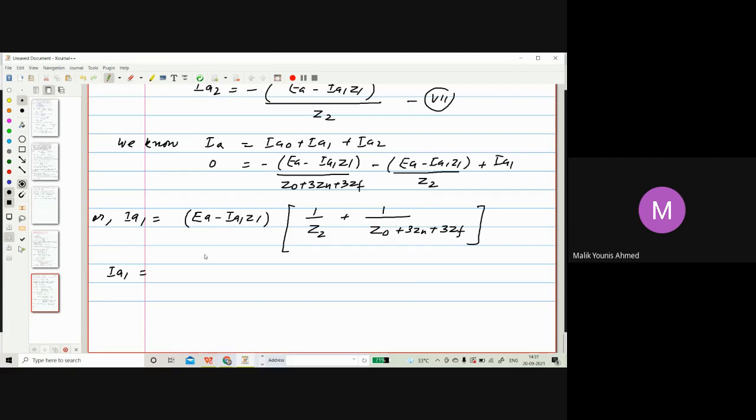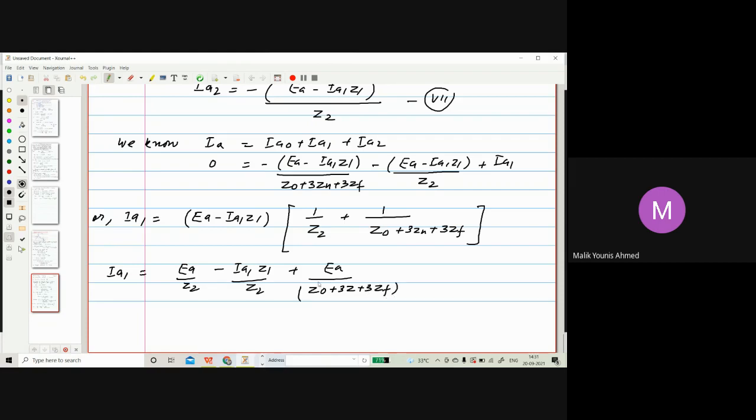So I will multiply it by EA first. This will be EA by Z2. Then after that I can write minus with this same term IA1 Z1 by Z2, minus IA1 Z1 divided by Z2. Again, I will multiply by EA, plus EA divided by Z0 plus 3Zn plus 3Zf.